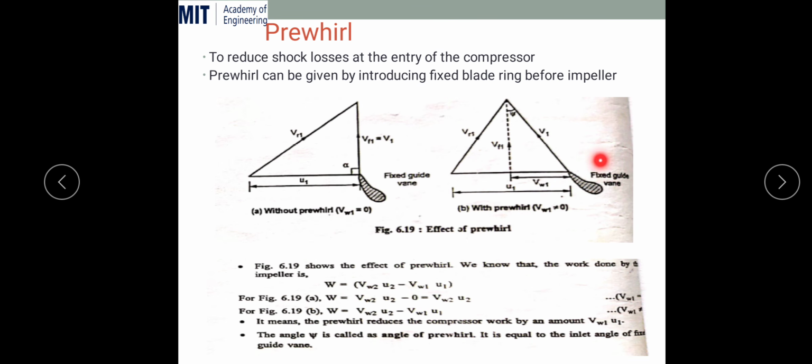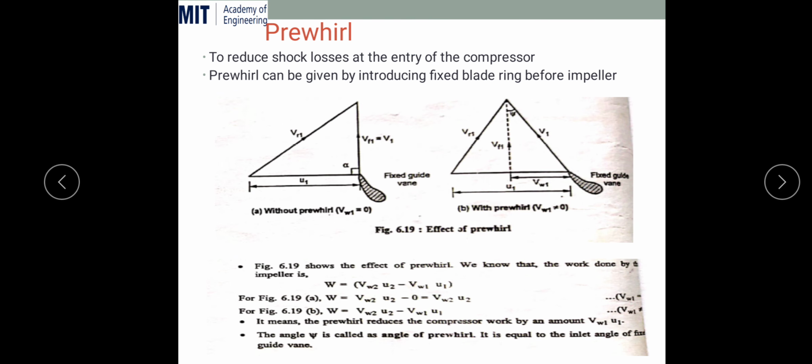Initially it is 90 degrees, now it is changed in the downward direction. So V1 is now tilted, and the alpha angle is not 90 degrees. It is probably less than 90 degrees, and a small angle psi is introduced here. This psi angle is called the angle of pre-whirl. The V1 component is shifted inside, and we will get VW1 here.